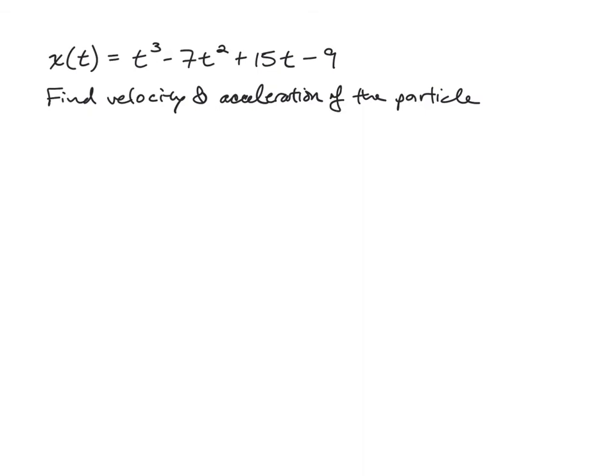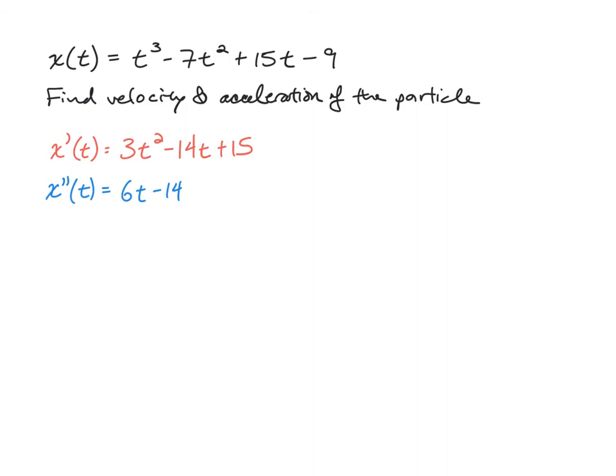We just have to find the first derivative, x prime of t, being 3t squared minus 14t plus 15. And for the acceleration, you find the derivative of the velocity function, which would be 6t minus 14. So there's that, not too bad.